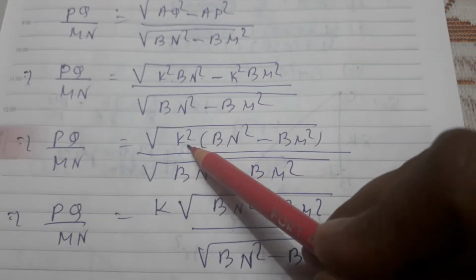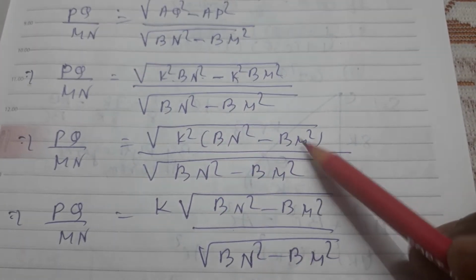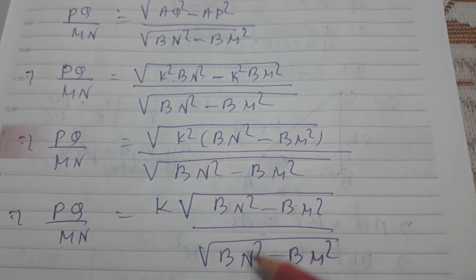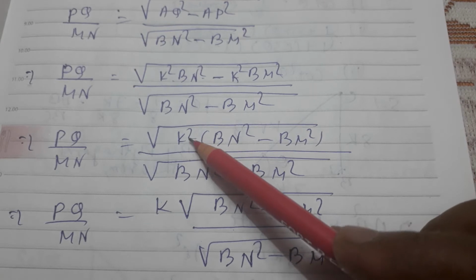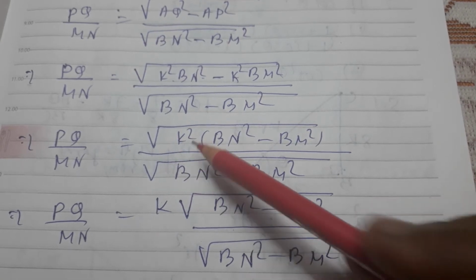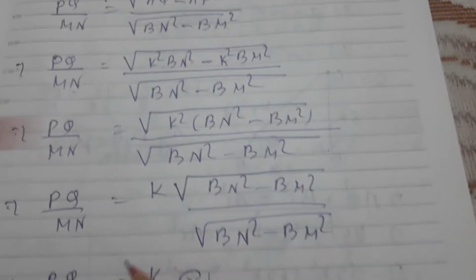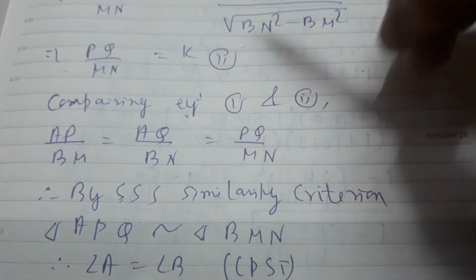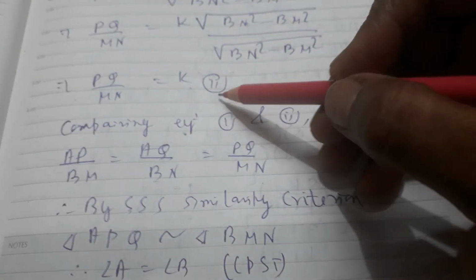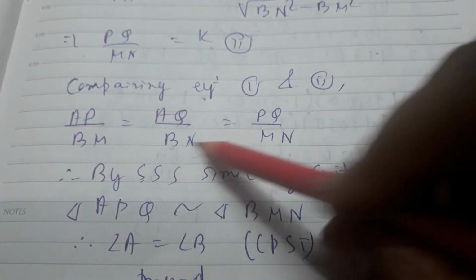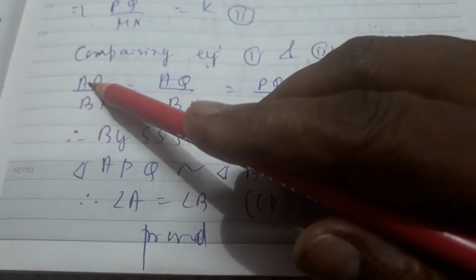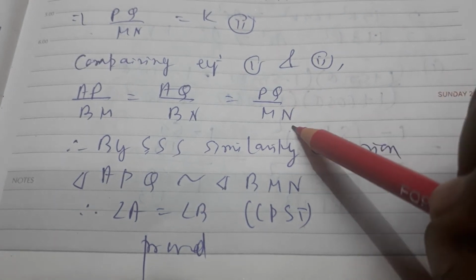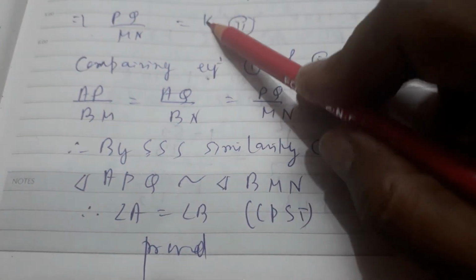Now take common K square, so BN square minus BM square by this, and these both are same, so this cancels, and root under K square equal to K. So PQ by MN equal to K, because these and these are cancelled. This is equation 2. Comparing equation 1 and 2, we got AP by BM equal to AQ by BN equal to PQ by MN, equal to constant term K.